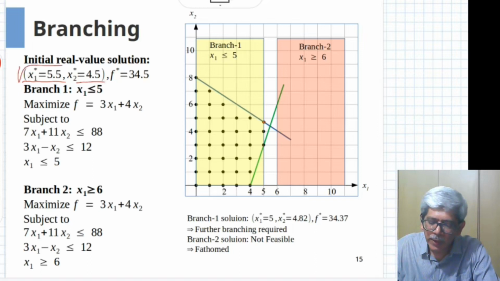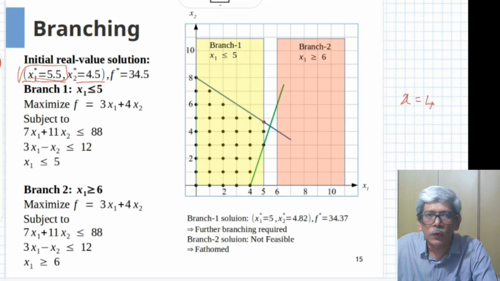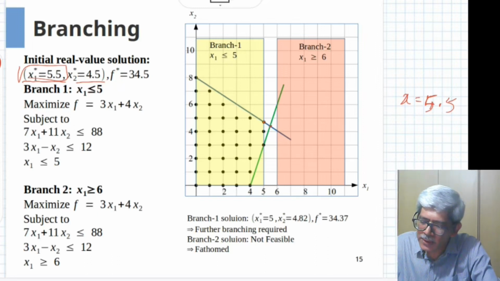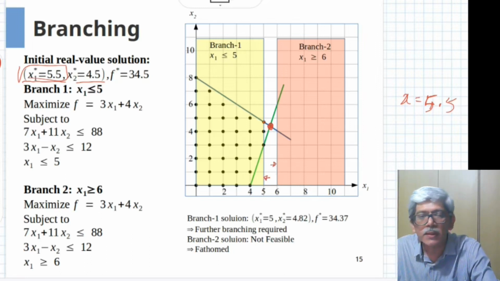I will branch on the variable x1. So x1 is equal to 5.5. The two integers on either side of this particular point are 5 and 6. As we can see here, this is the real value solution. To the left of this is x1 equal to 5, to the right of this x1 equal to 6.